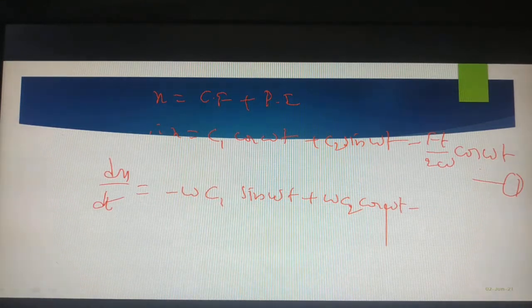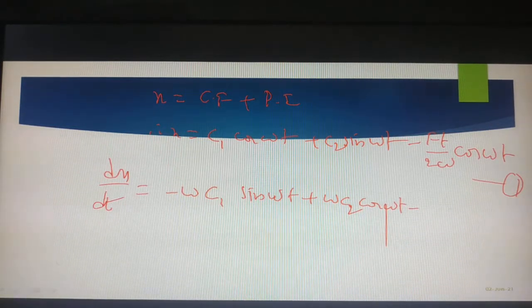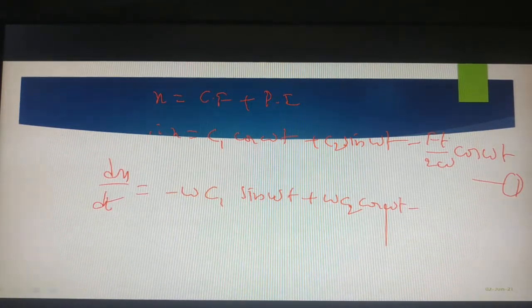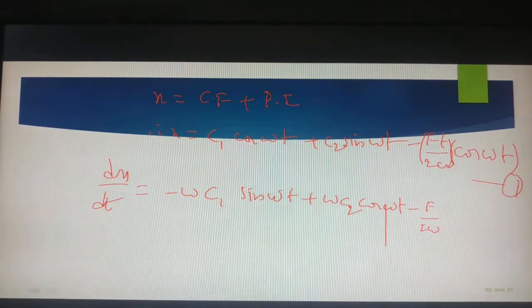So this is one term and this is another term. Both are in terms of t. So f by 2w is constant.